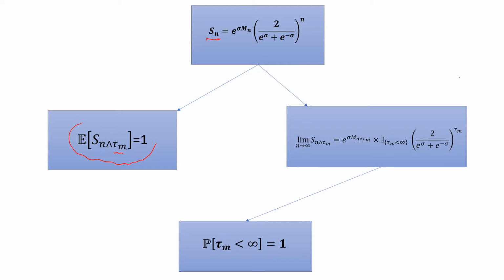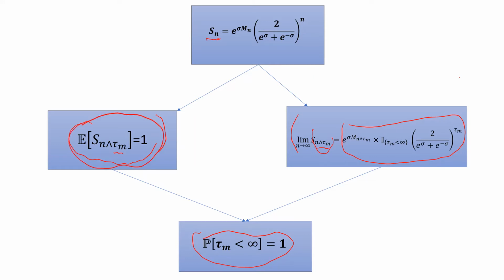On this one, we show that the limit as n goes to infinity of the stopped process here is equal to this expression. Again, this might look random, but what we will show is that once we have these two properties in our belt, then it's very easy from there to show that this final property, the one we're going to show at the end of the day, is true. So let's go on and now focus on this part and show that this thing is actually true.